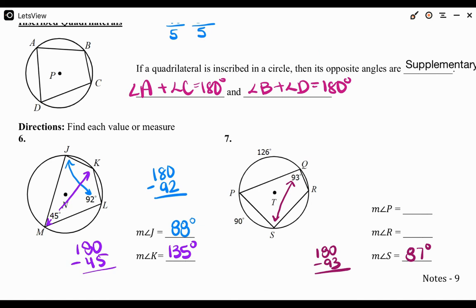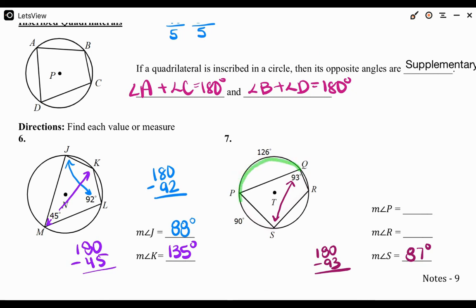Now here we need to find P and R. Well, we are given some things we know. And right now we know that R, remember the angle R, we have this inscribed angle, QRS. So QRS is equal to half of the arc that's across from it.